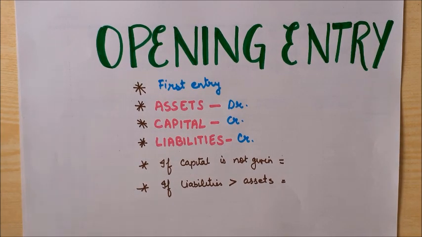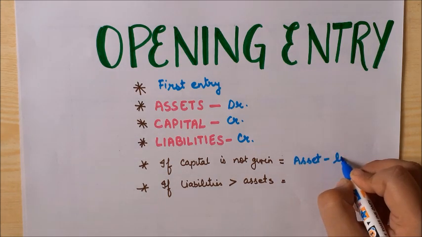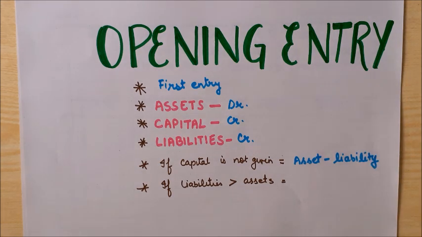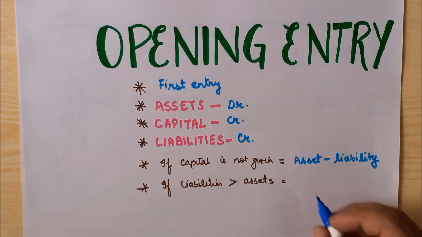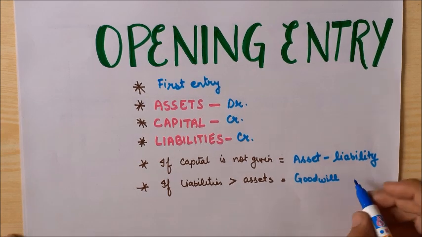If capital is not given to you, you can find out the capital by subtracting liabilities from assets. If your liability side is more than your asset side, then the difference will be treated as goodwill and the amount will be debited.